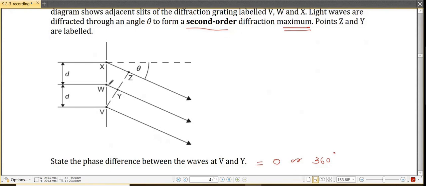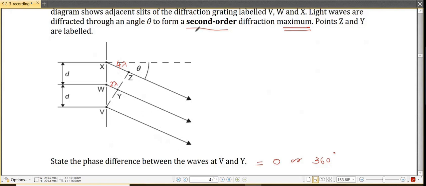So the path length between W and Y, because it's a second order, will be 2 lambda. From the diagram itself, XZ is double WY. So 4 lambda will be the path difference between X and Z.